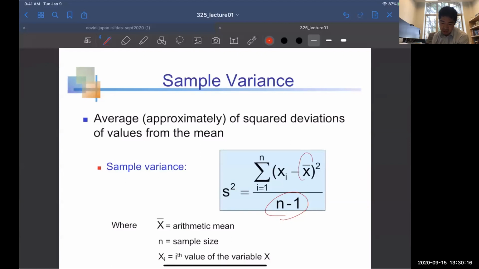One, the mean is based on the data set you have in the sample, so you compute the sample mean, which we often denote X bar. This is a common terminology in probability and statistics. The second point is that we divide by n-1 rather than n when we talk about the sample variance.